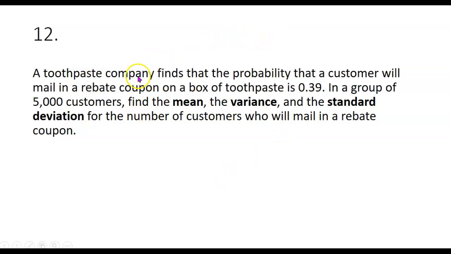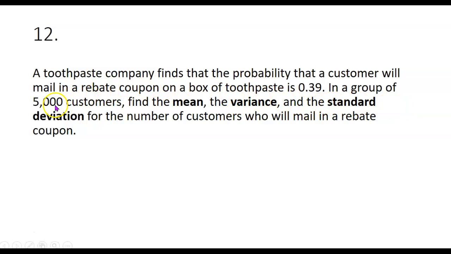Number 12. A toothpaste company finds that the probability that a customer will mail in a rebate coupon on a box of toothpaste is 0.39. In a group of 5,000 customers, find the mean, the variance, and the standard deviation for the number of customers who will mail in a rebate coupon.